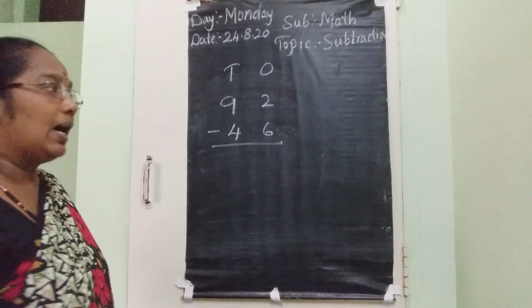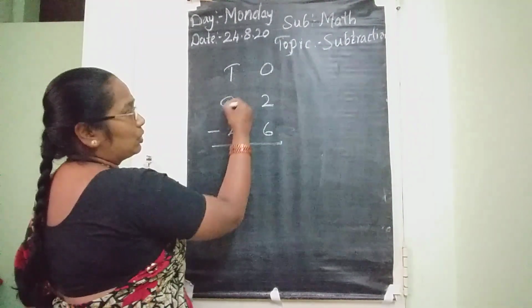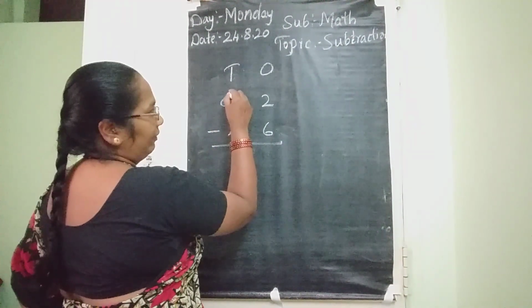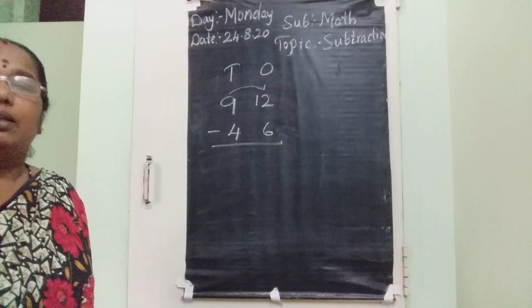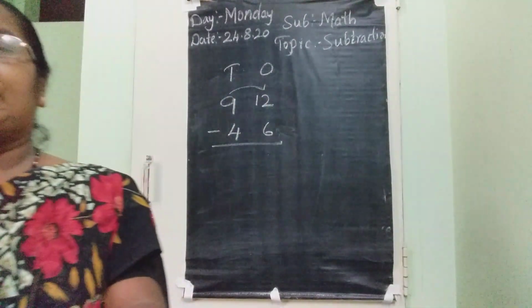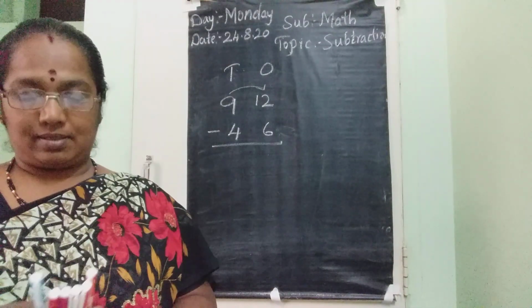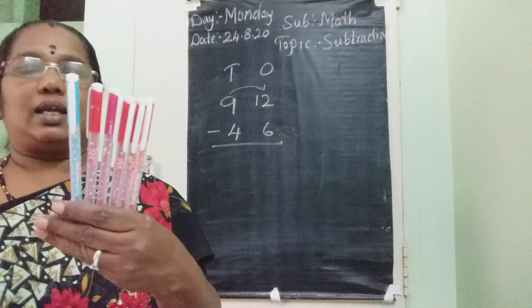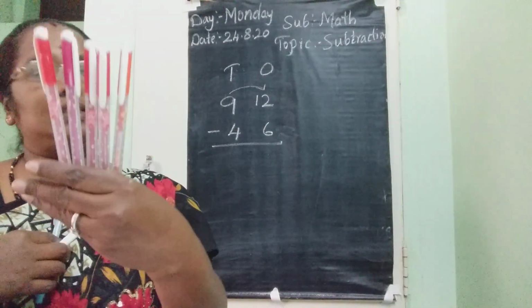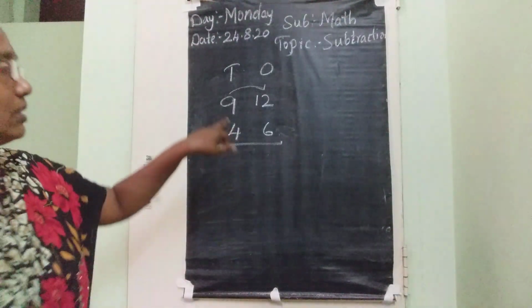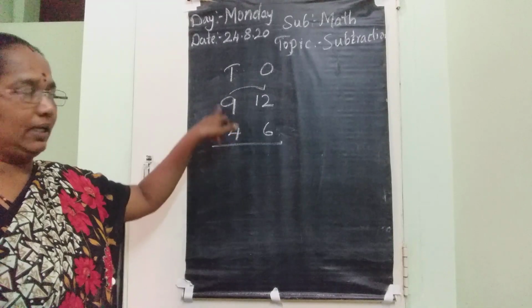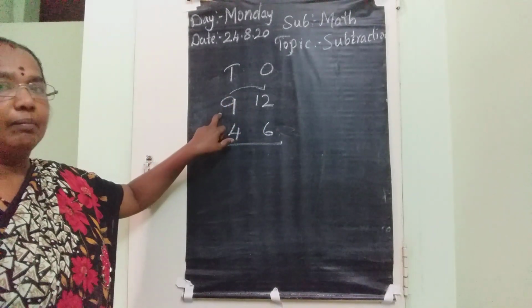So, what I do, I am going to borrow. When I borrow 1 from 9, the 9 will become lesser.